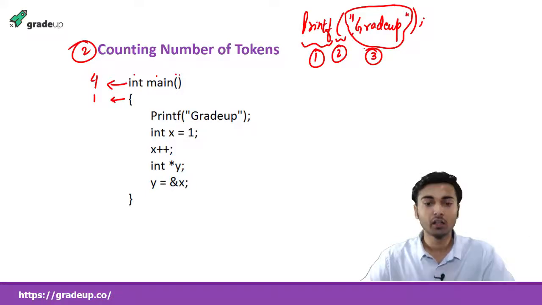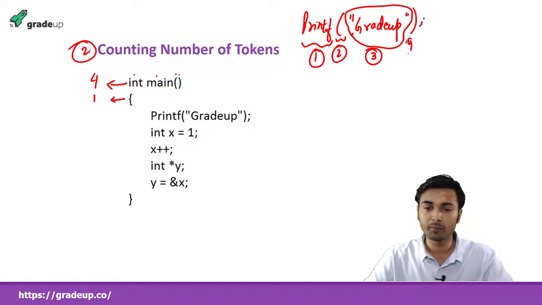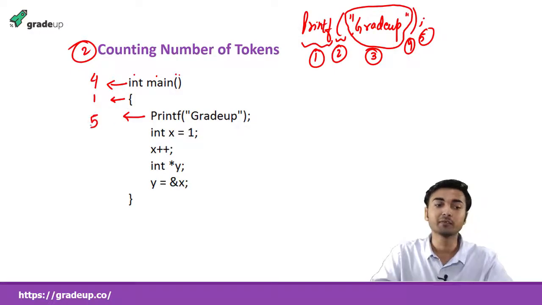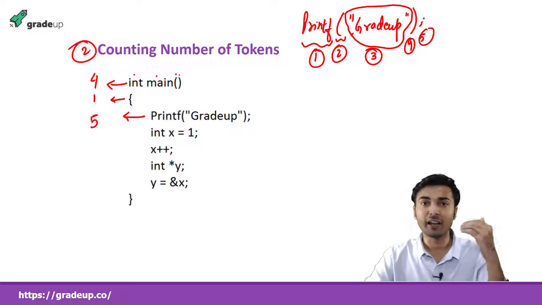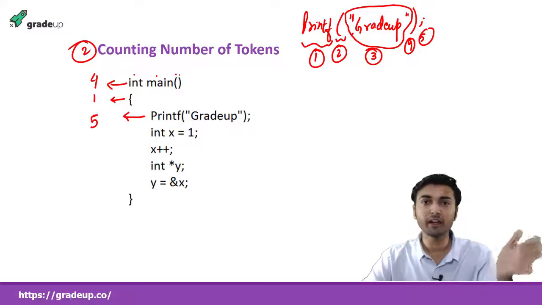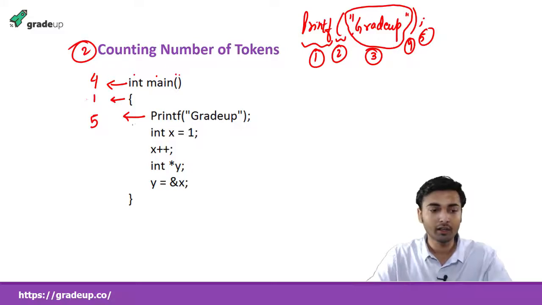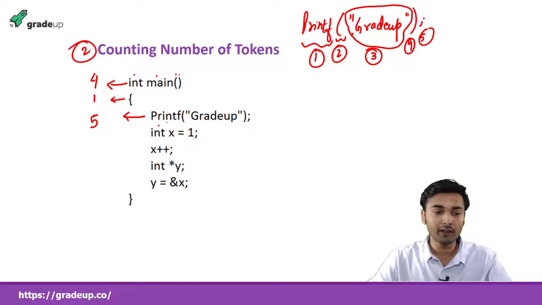Please remember this. So 3, and this one 4 and 5. So in this there are 5 tokens. I am repeating once more: the things which are enclosed in inverted commas will be counted as a single token. Got it? Now here 1, 2, 3, 4, 5.